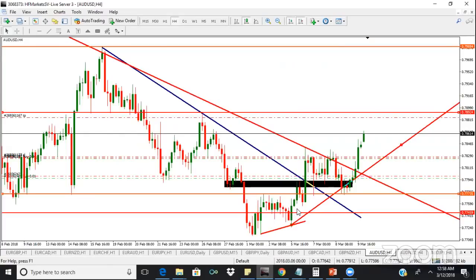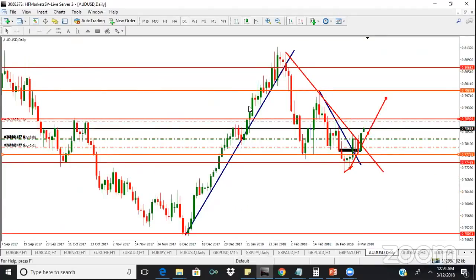Now, I entered this trade last week. I have about 3 positions running there. This is where my first take profit is. Once it gets there, I'm out of this market. Okay, that's AUD. But if you check, it has broken this.